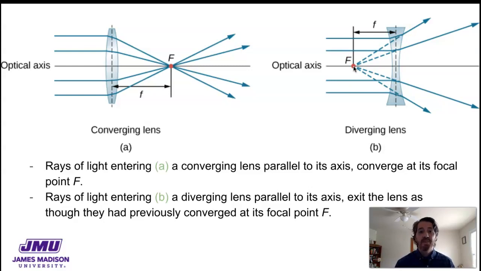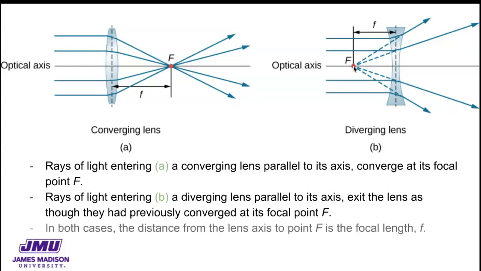In both cases, the distance from the lens vertical axis, meaning the dashed line that's running down the length of the lens vertically, the distance from that dashed line to the focal point F is called the focal length of the lens, and that's often represented by a lowercase f.